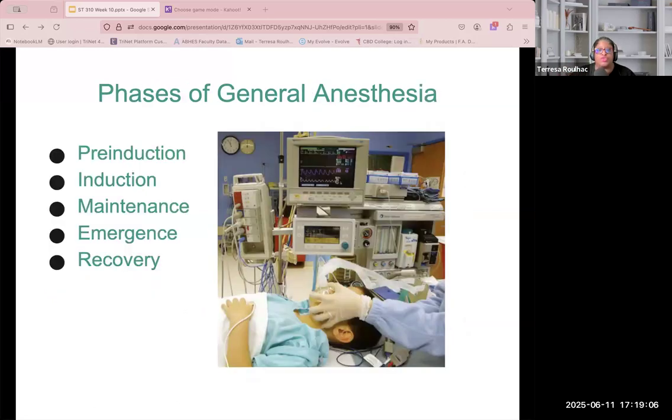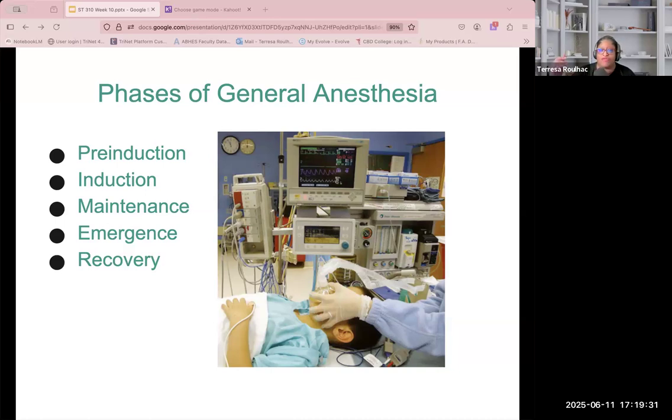Now, this is really important. I have seen many concepts on a couple different finals asked a couple different ways with the phases of anesthesia. So you have 5. Pre-induction. This is the preoperative assessment and patient preparation. We're getting the patient in. We haven't really done much yet. Okay.